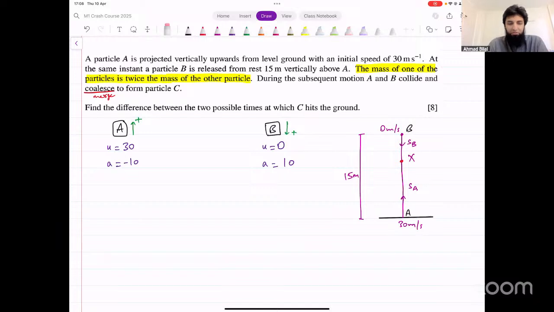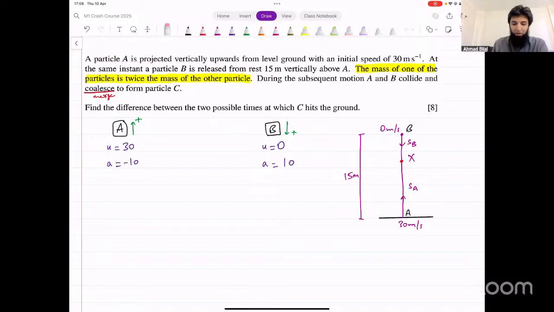Now, these are the two values that we know for each of them. Do we have any other information? We don't have final velocity, time, or displacement. So now we need to figure out those quantities that are common between them, that we can use to connect these two objects. What about time? They both started at the same instant, right? So time is going to be common between them.